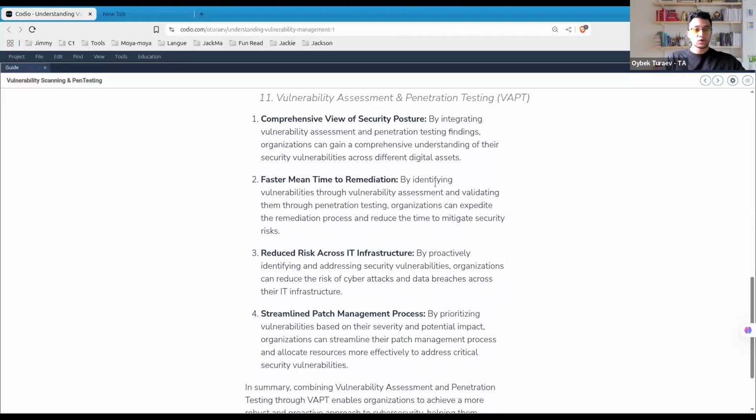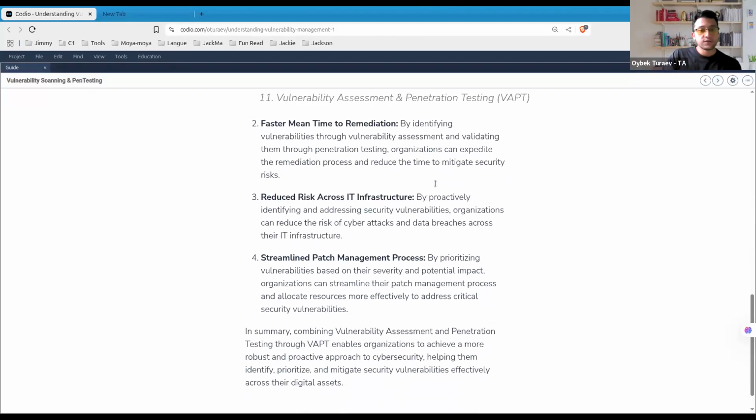Mean time to remediation, we sometimes calculate the efficiency of our blue team, how good they are at responding to certain attacks during incident response. So whenever we combine vulnerability scanning with penetration testing, they help us to process remediation better, okay?